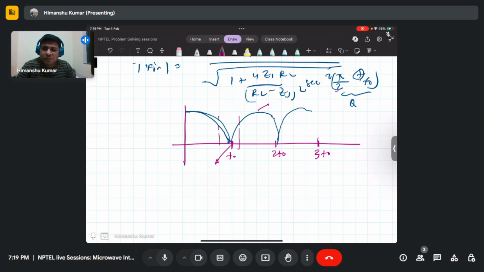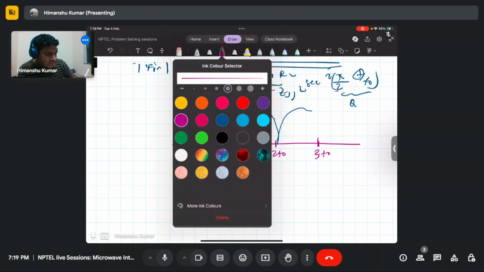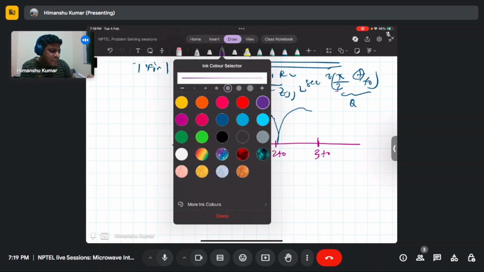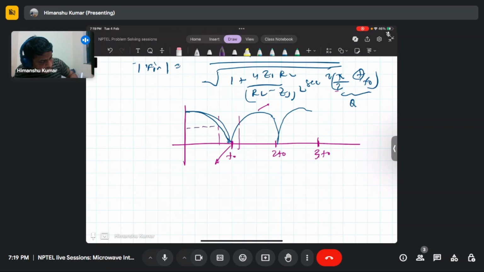So basically, what is meant by the bandwidth of the impedance matching? For a line there is a threshold value of reflection coefficient, which is gamma m, below which we can say the tolerance is acceptable, and the frequency difference corresponding to that is defined as your bandwidth of the matching.